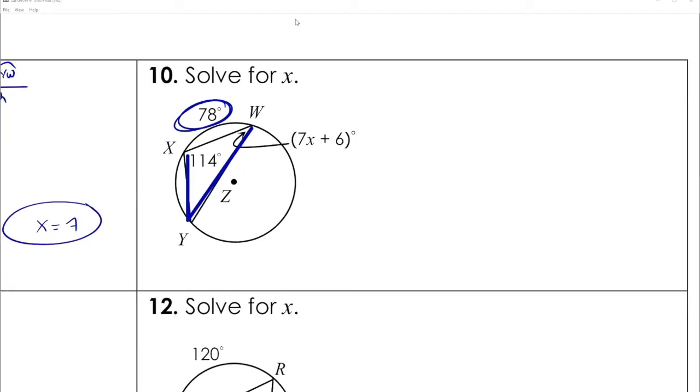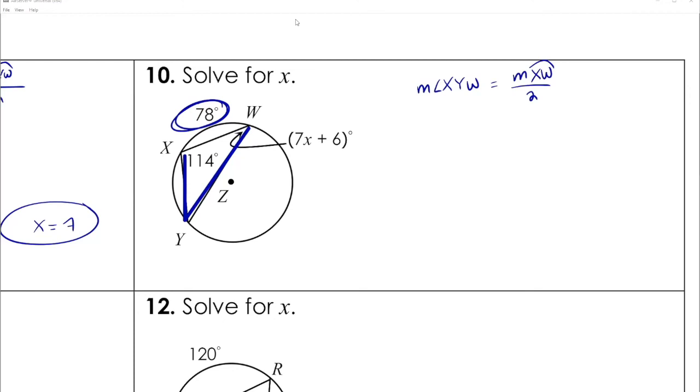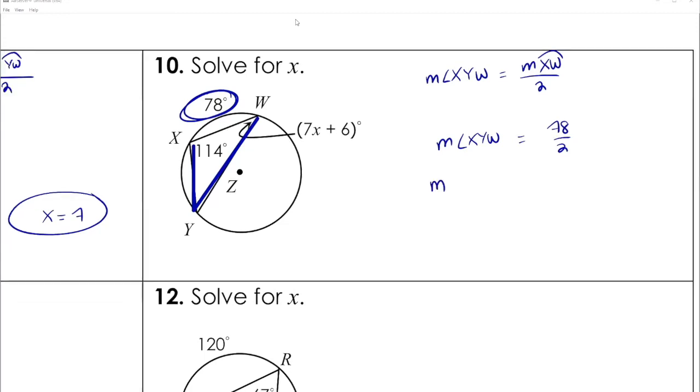So the measure of angle XYW is half the measure of arc XW. So angle XYW equals 78 divided by 2, making XYW 39 degrees.